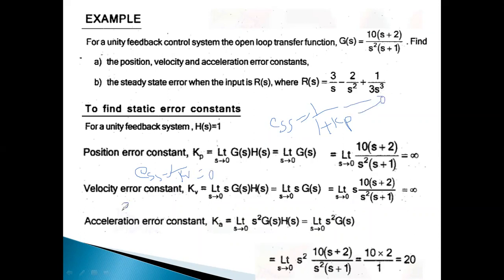In this case, the steady state error is 1 by Ka, the acceleration error constant. But in this case, that value is 1 by 20. It is not 0. This is when the input is unit parabolic input.